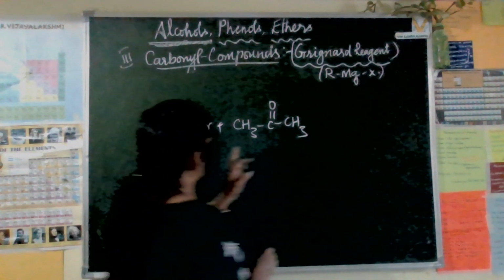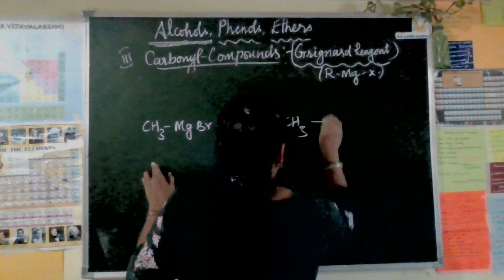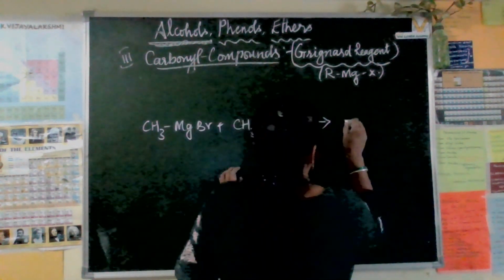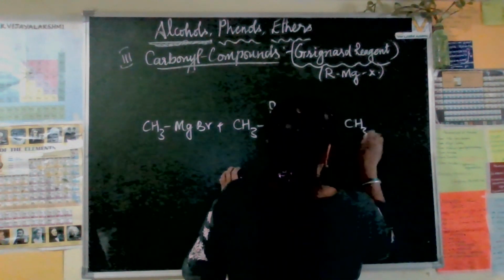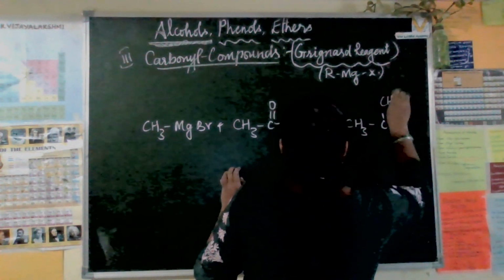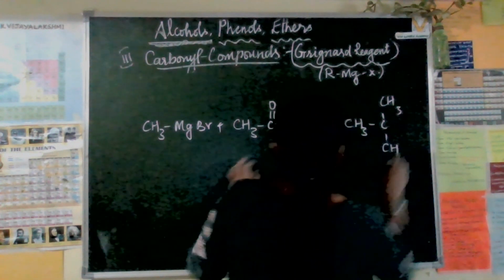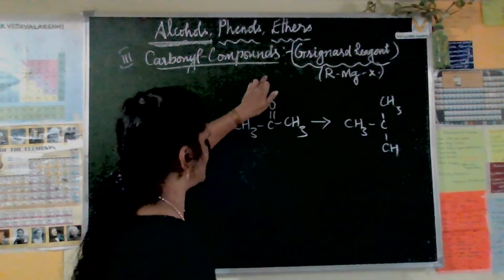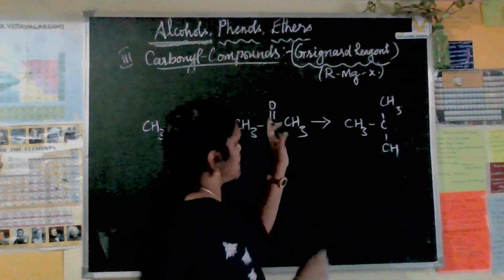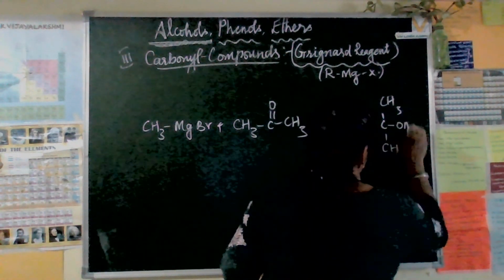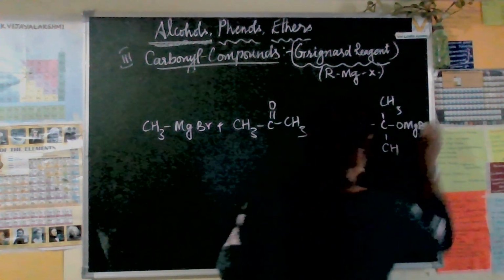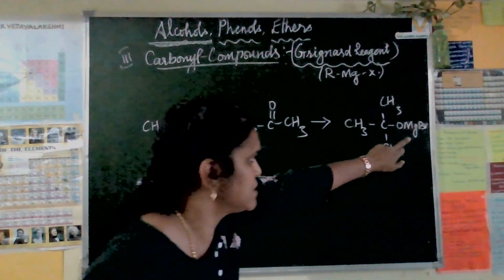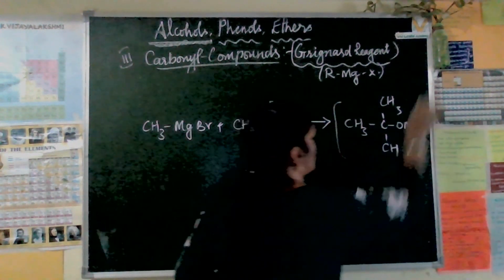It gives the addition product, that is CH3 C with CH3 and CH3, and OMgBr. Is it visible? Yes, this is the addition product.